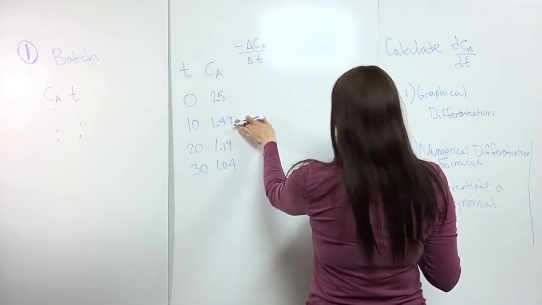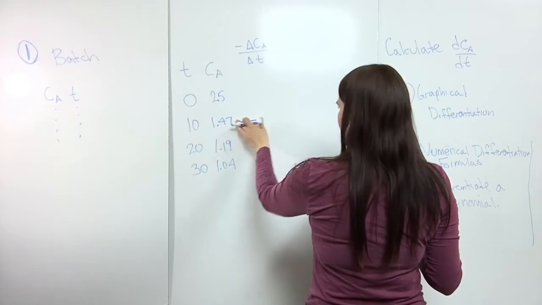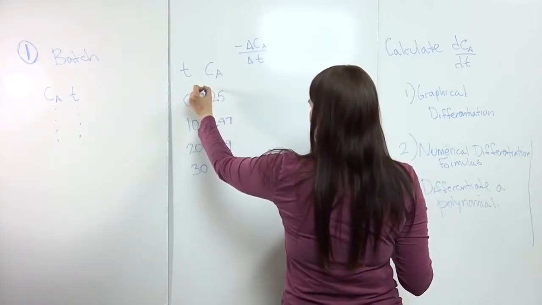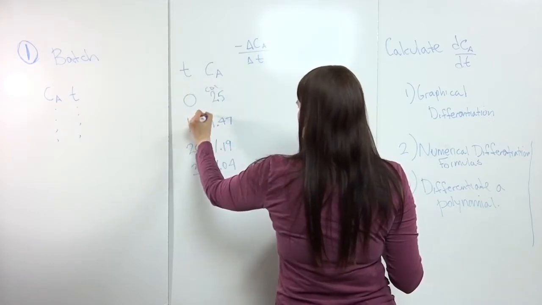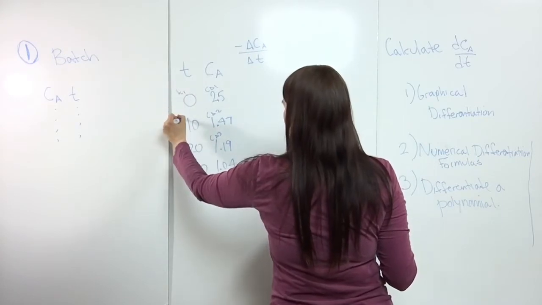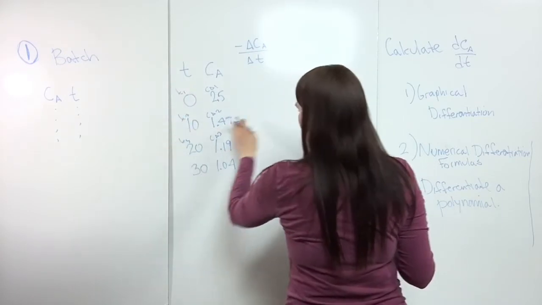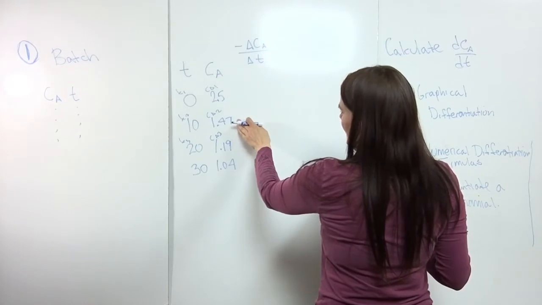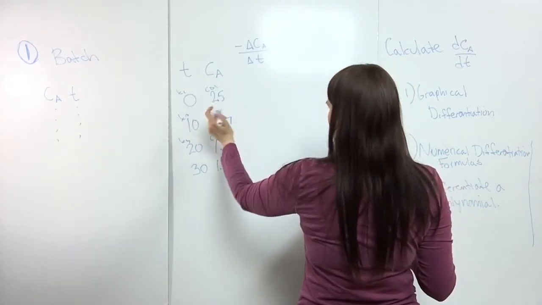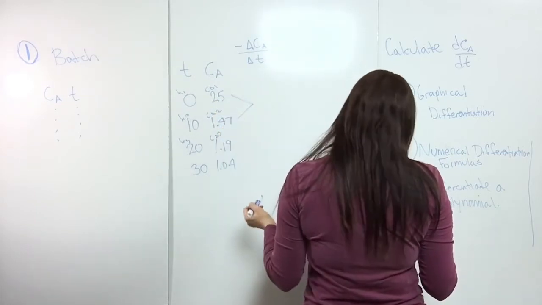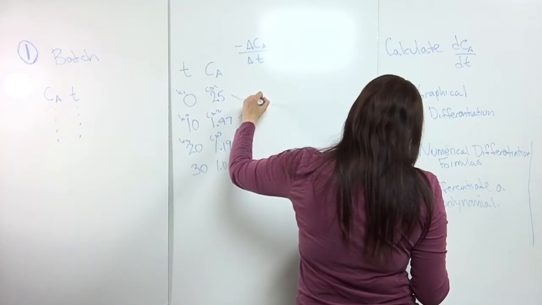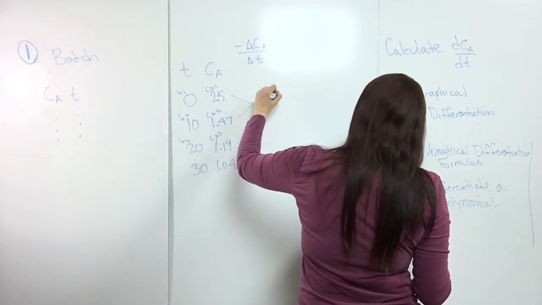And so the way you do that is you take the second one in the series, so say this is CA1, CA2, CA3, and this is T1, T2, T3. Then this would be CA2 minus CA1 divided by T2 minus T1. If you do that, you get 0.103.